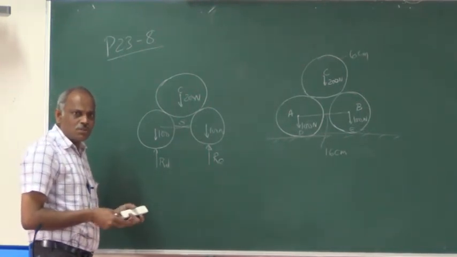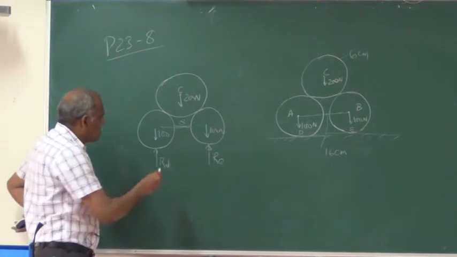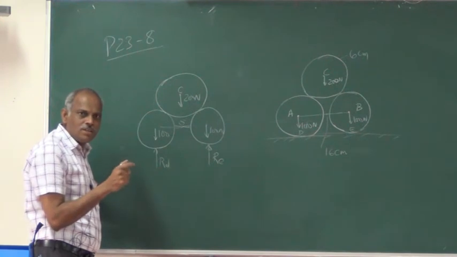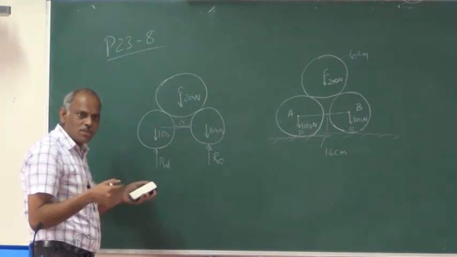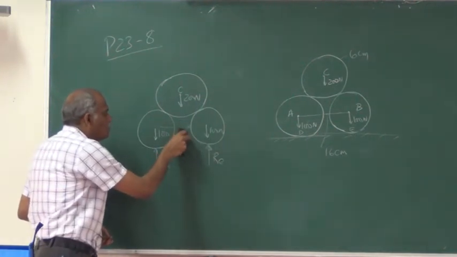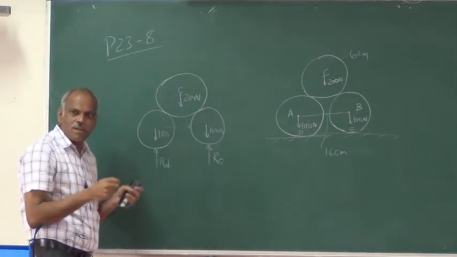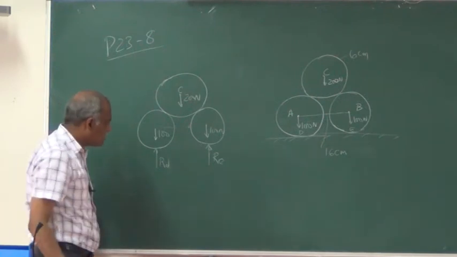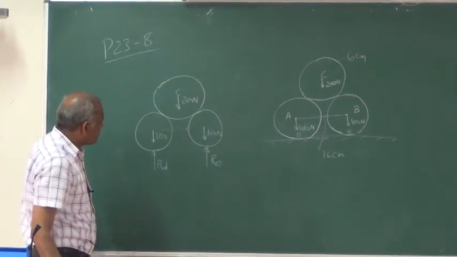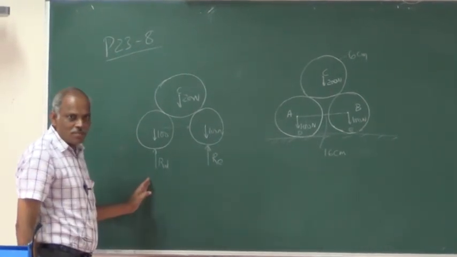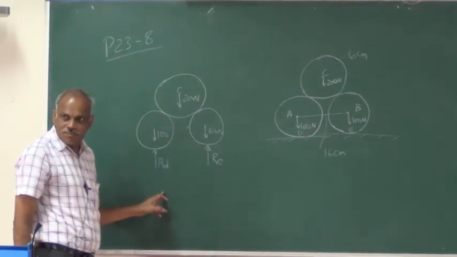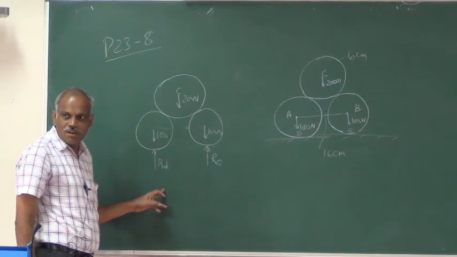And the next question is the number of unknowns. There is a tension here. These two, this tension is equal and opposite. So if you use the law of superposition and say this can be removed, this force need not be considered for your analysis, you can remove it, then you are left with this thing only. Now if you look at it, the number of unknowns are only 2. So you can definitely solve this.